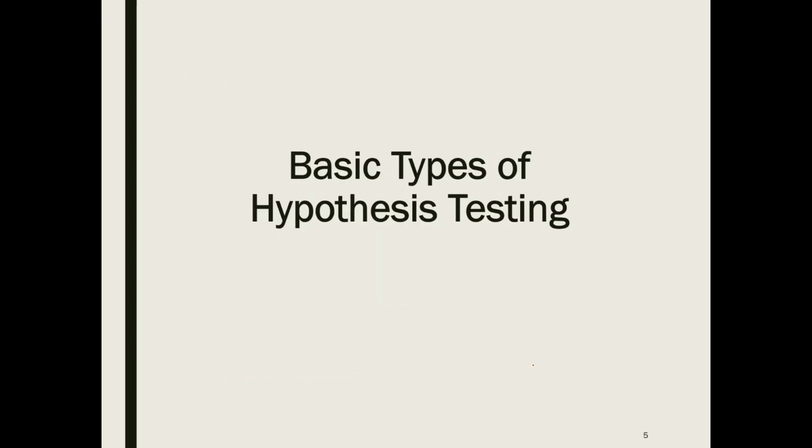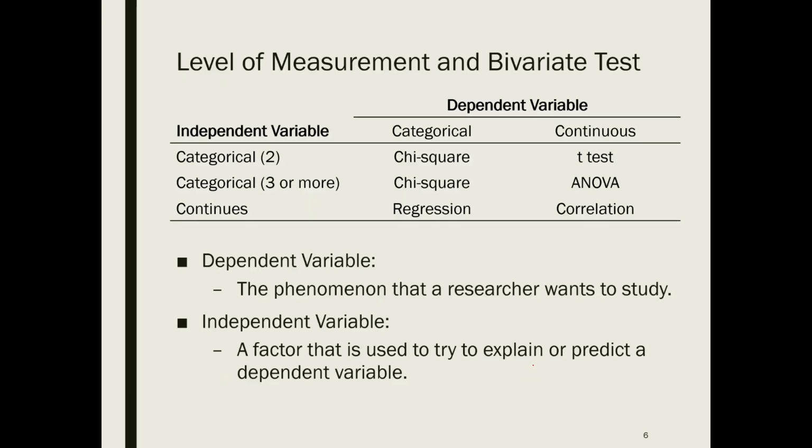Okay, so some basic types of hypothesis testing. This is a very simple table about the basic relationship between the level of measurement and the bivariate test. We're only talking about bivariate tests because here we're talking about the situation with one dependent variable and one independent variable.